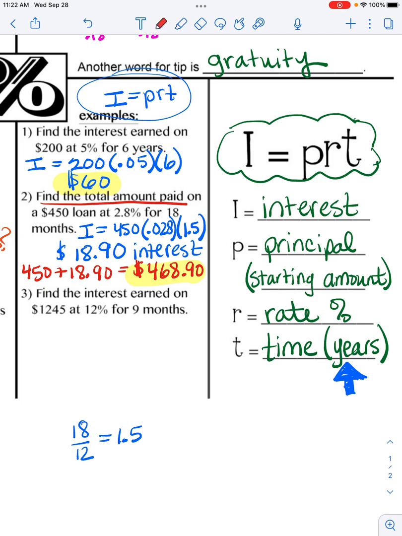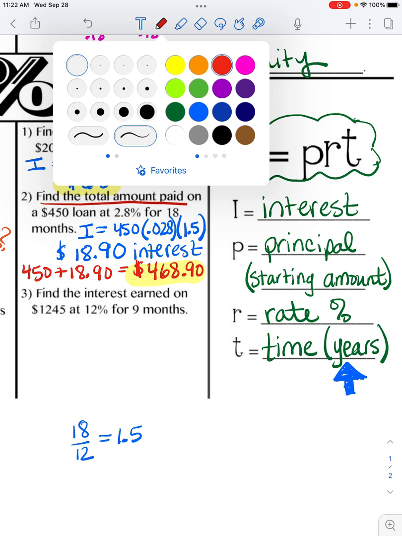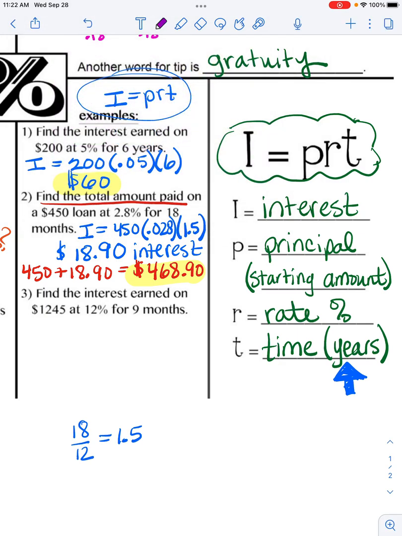Last example here. Let's use a new color. It says find the interest earned on $1,245 at 12% for 9 months. I'm still using my equation, PRT. So I'm going to do the principal, which is 1,245 times 12%, and then times how many years is 9 months?